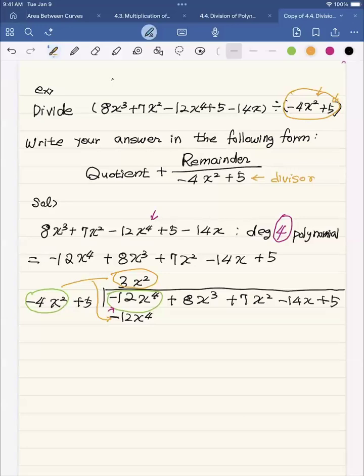Not only that, you have to think about the multiplication with this. Then you will have 15x squared, and the degree 2 term is located here. So I would locate 15x squared right here.